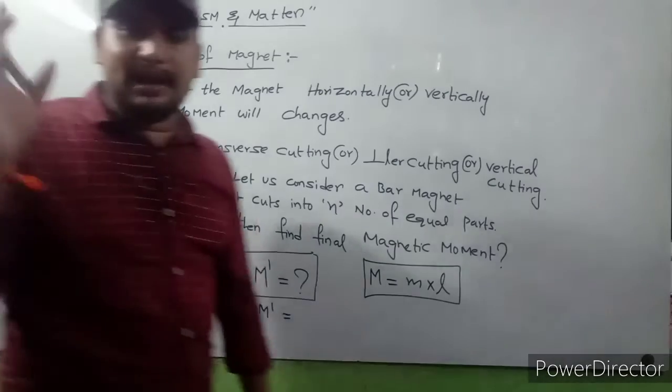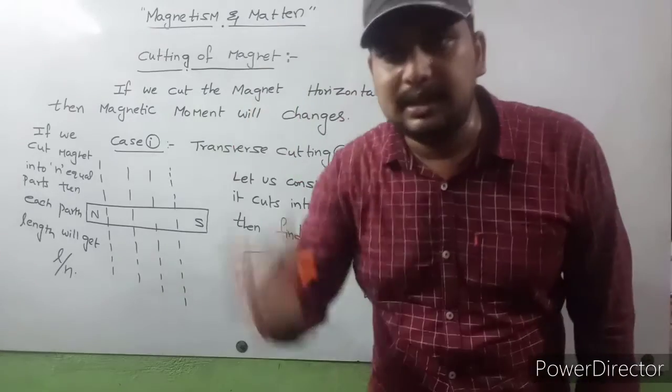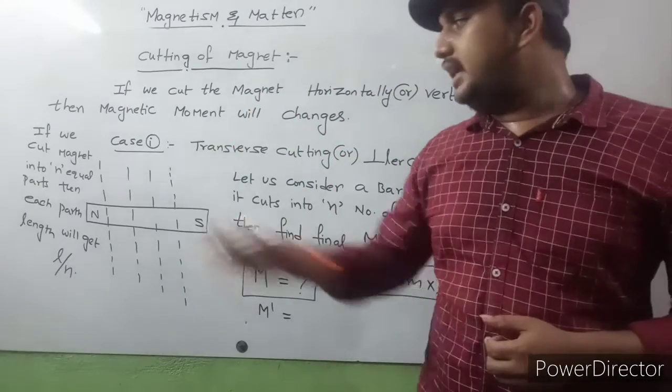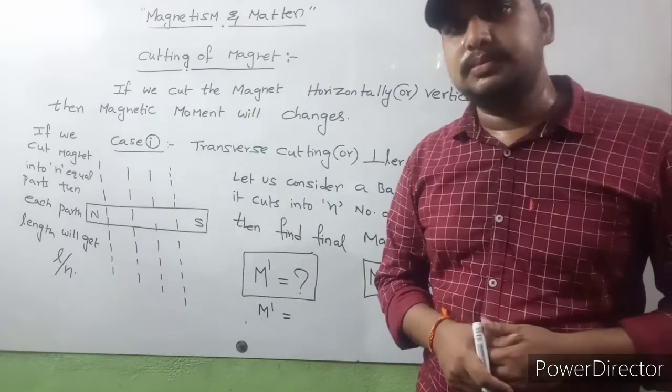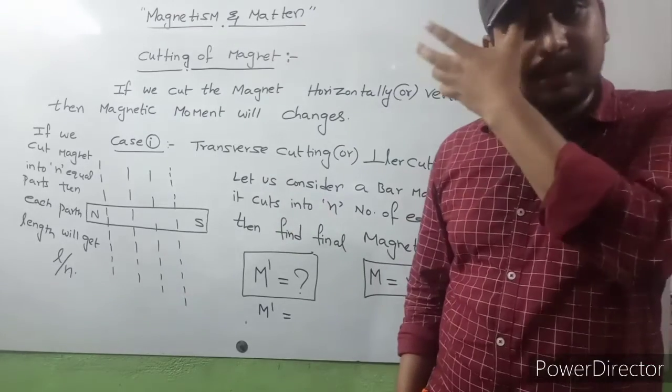If you cut the magnet vertically, then each part length is equal to L by n. We'll get each part length L by n.